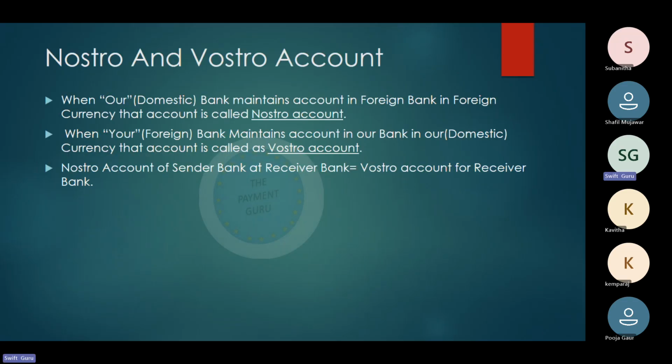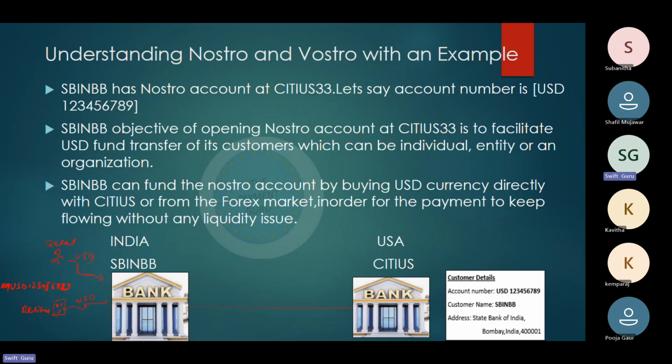Let's learn about some of the accounting terminologies which we are going to use in our Swift payments as well. In that, let's first of all start with the Nostro and Vostro account. You would have heard about the Nostro account plenty of times, even if you are not from the banking industry.